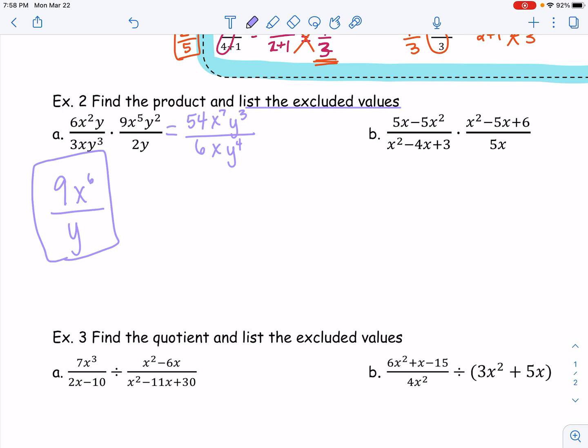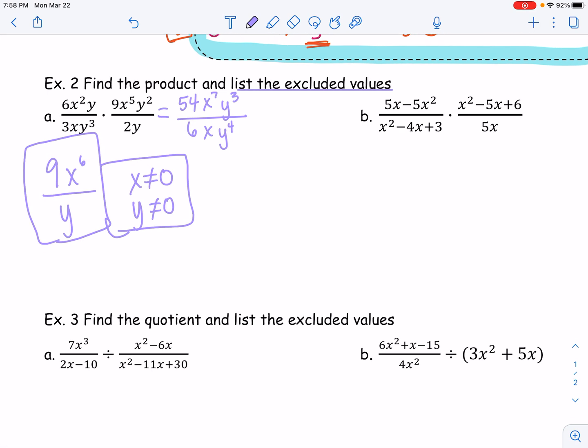For this case, because we're dealing with two variables, x cannot be 0 and y cannot be 0, because that's what's in my denominator here and here and here and here and here. It doesn't matter the exponent, 0 to any power is still 0. So whatever I plug in for x and y, they both cannot be 0, or either one of them cannot be 0. So this is also a part of my answer now. Okay, and this is going to be the case for multiplying and dividing.